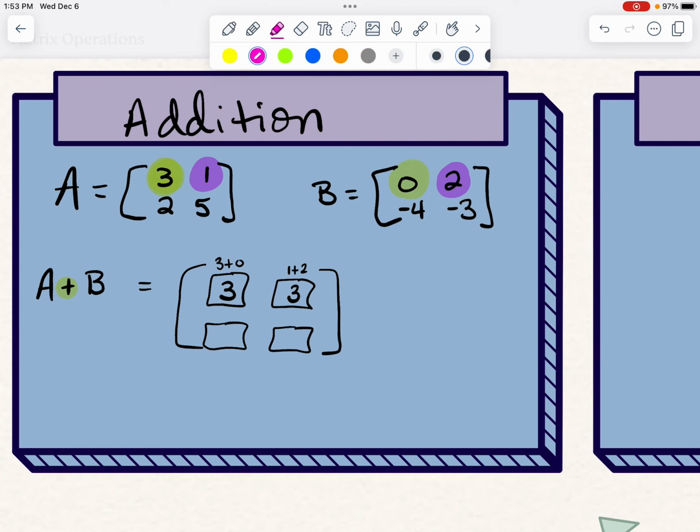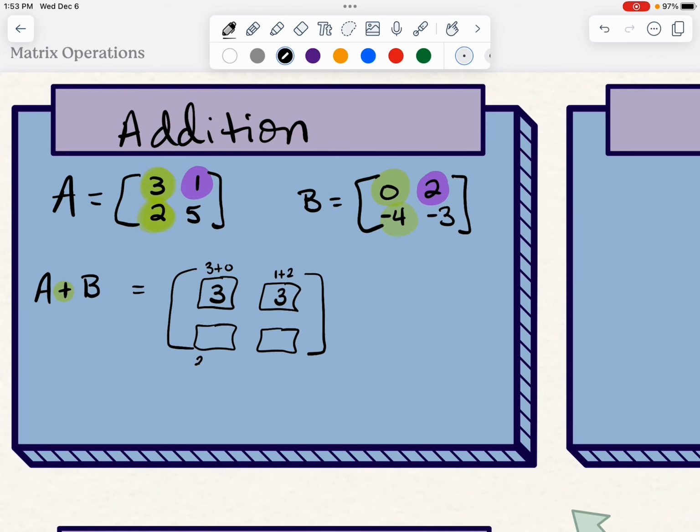For our second row, again we go back to the first column. Row 2, first column is a 2, and row 2, first column is a -4. So we have 2 plus -4, and that gives us a -2 in this space. And then lastly, we have row 2, column 2.